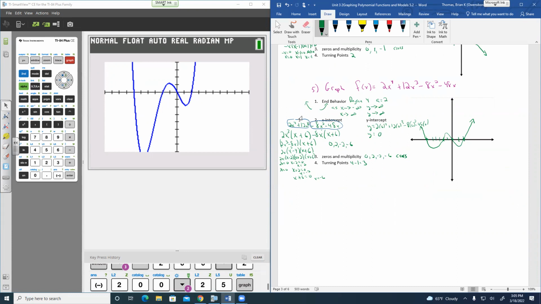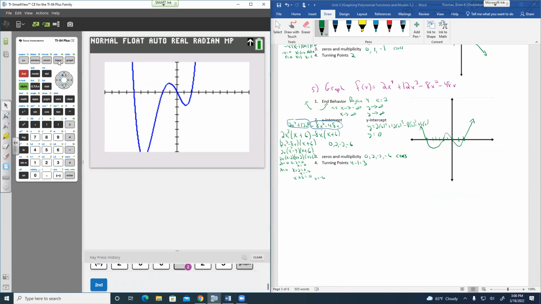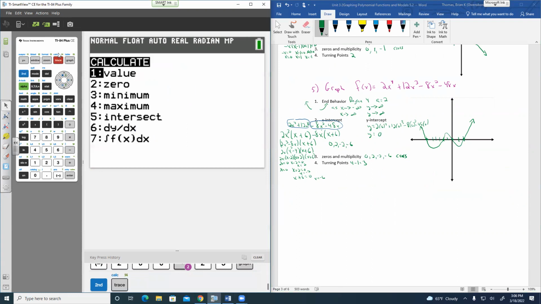Notice how, since the degree is 4, there can't be more than 4 x-intercepts. So we see 1, 2, 3, 4 of those x-intercepts, so we know we found them all. If you hit the second button and hit the trace button, it'll do what's called calculate. And number 2 is called a 0. So 0 is the same thing as an x-intercept.